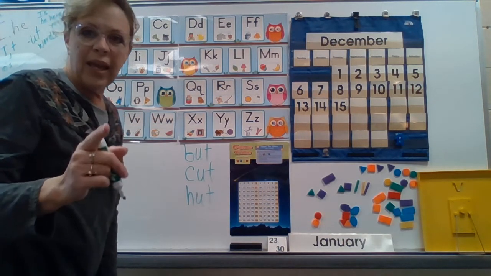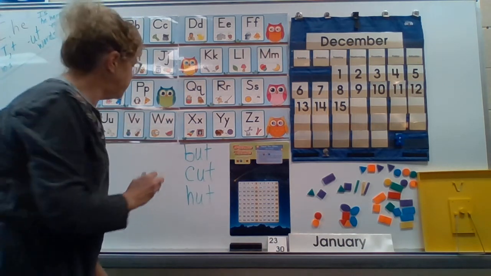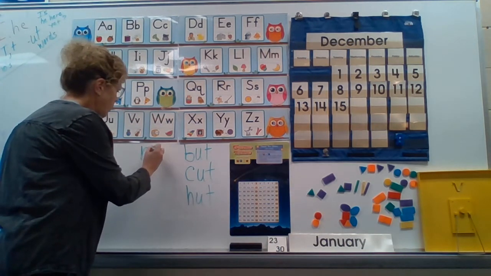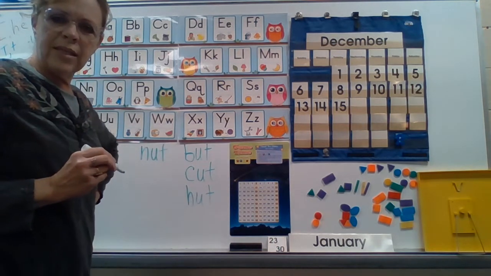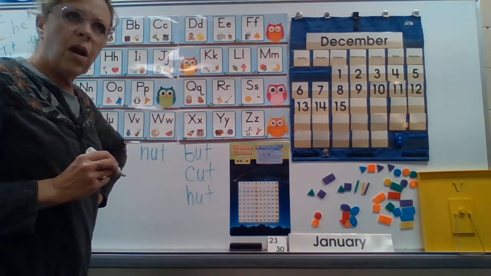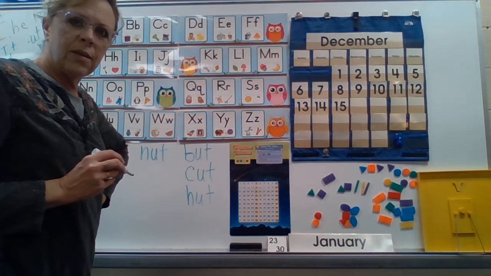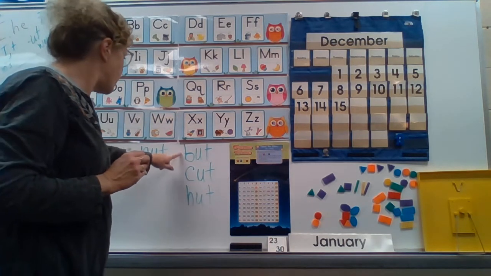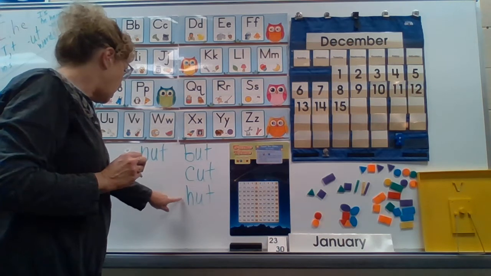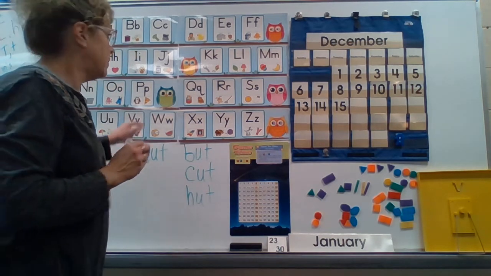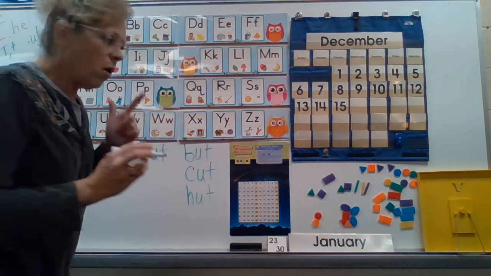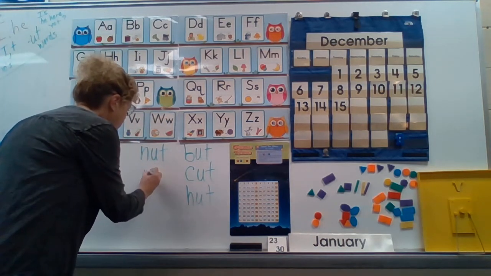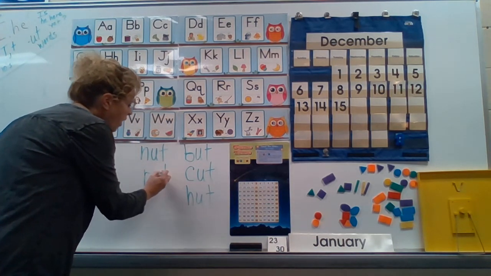Oh, I can put N in front of UT. N-U-T. What do you think that says? Nut. So we've got but, cut, hut, nut. Let's see if there's anything else. Oh, I can use R and make rut.